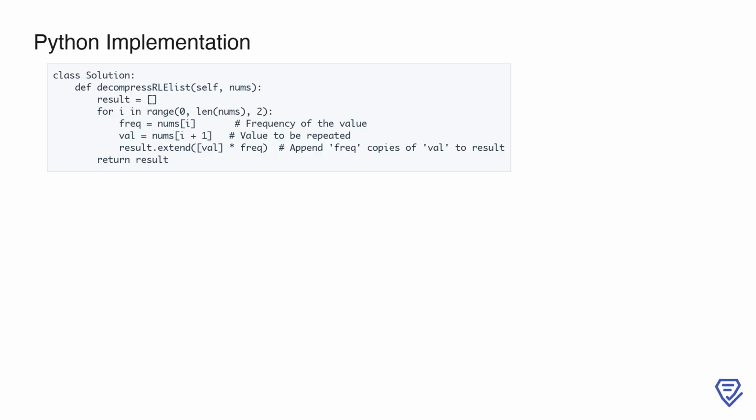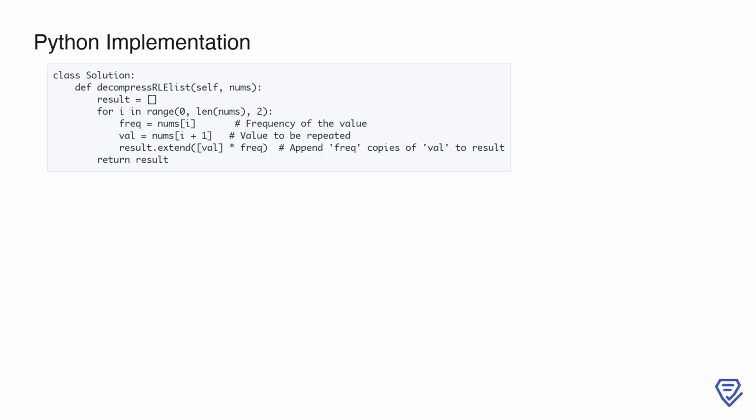For each pair, we append frequency copies of val to the result list. This is achieved using list multiplication, [val] * frequency, to create a list of frequency repeated values, followed by the extend method to concatenate it with result. 5. Return result. After processing all pairs, we return the result list, which contains the fully decompressed sequence.